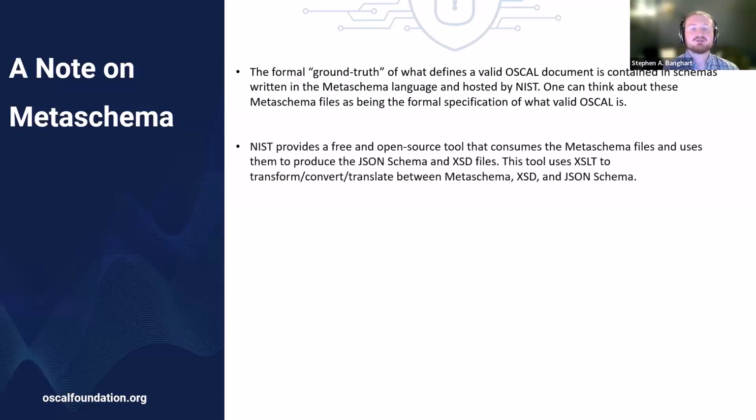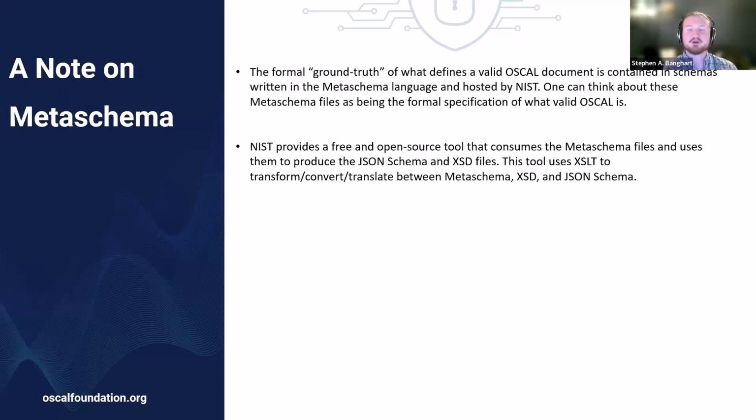Metaschema is a language that was invented and created by NIST and is a specific way of expressing document modeling in a way that is format agnostic. And we can take a look a little bit later at what that might look like.